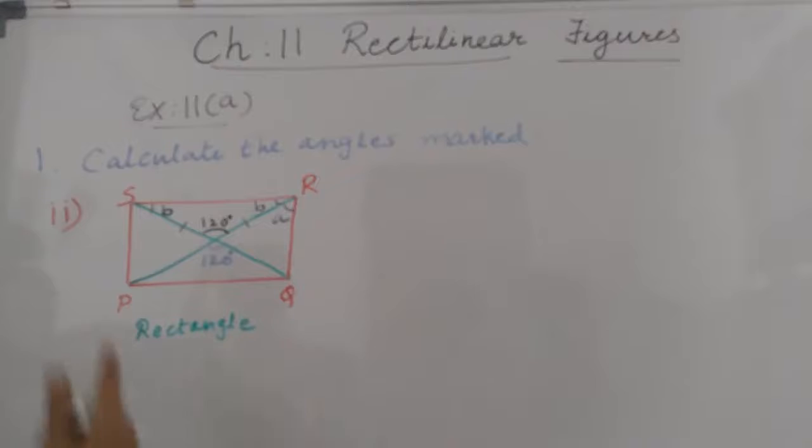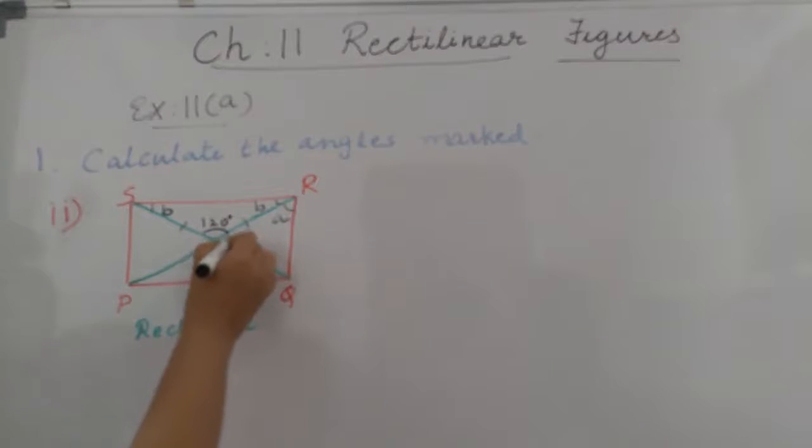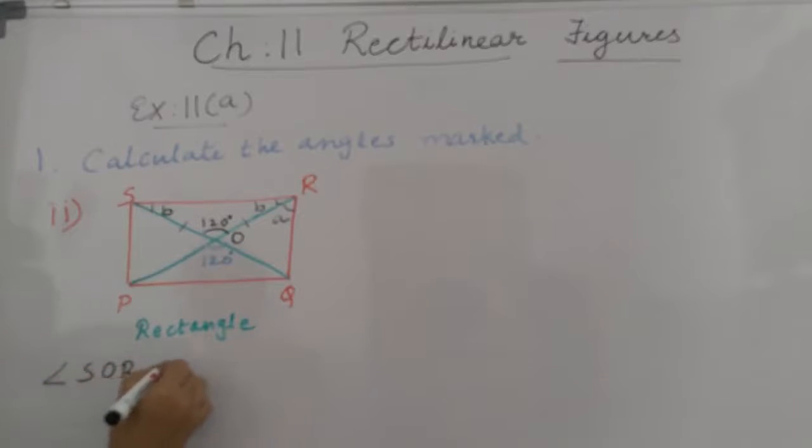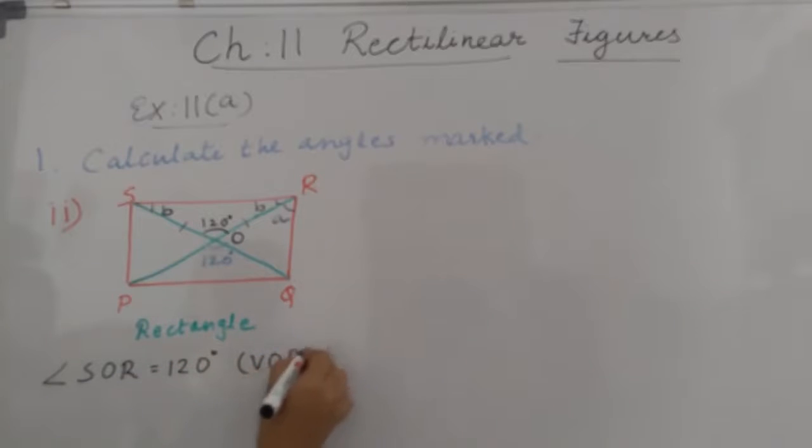Now I write here, let us take O, so that we can write something about it. You can make changes accordingly, but you have to show in the figure which changes you are making. Okay, so now I am writing angle SOR is equal to 120 degrees. First of all, why? Because they are vertically opposite angles, VOA.